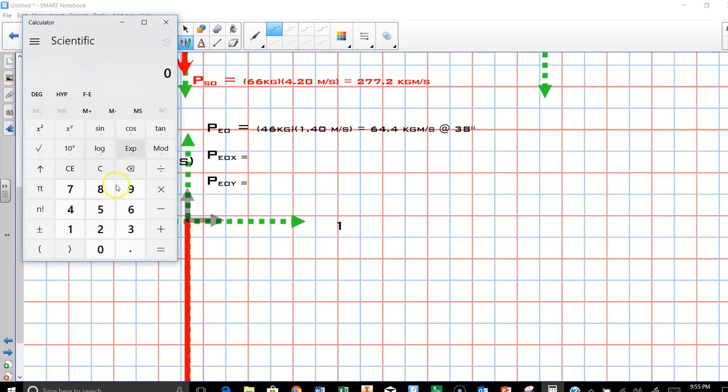So if I remember correctly, that was 46 times 1.4. That was their mass and their velocity. Times, now that they're moving at an angle, the cosine, no, the sine, we're doing the y, sine of 38 equals, so 39.6.